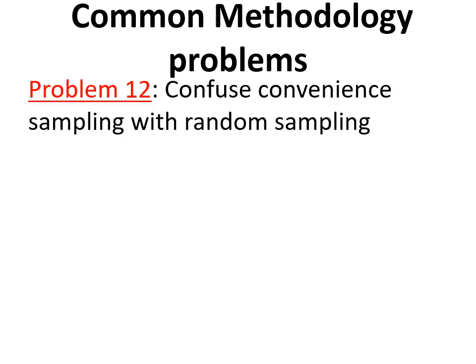The 12th problem is that people will confuse convenience sampling with random sampling. Remember, random sampling requires a sampling frame, and every element in that population has to have an equal chance of being selected. That does not happen with convenience sampling. Sometimes convenience sampling is referred to as accidental sampling.